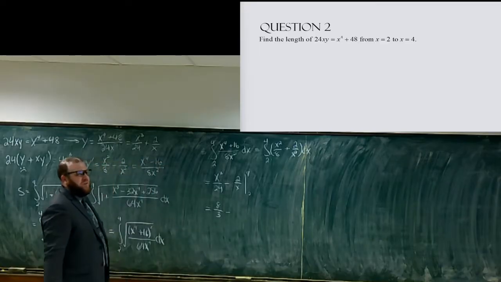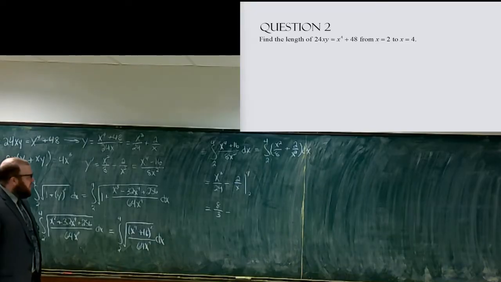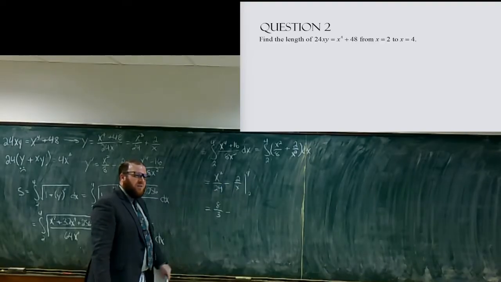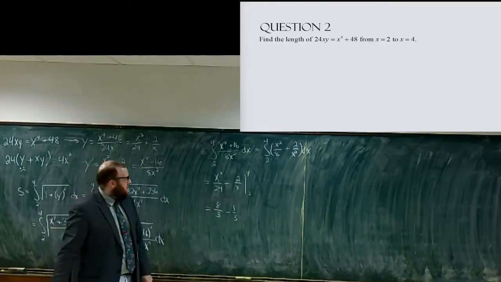Two cubed over 24, 8 over 24, 1/3. I could do it even easier. It's just 2 over 6, right? Because this is 4 times 6 and 2 squared is 4, which is 1/3. Answer either way.